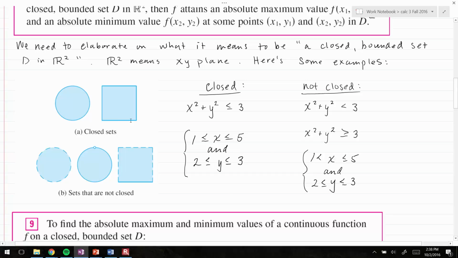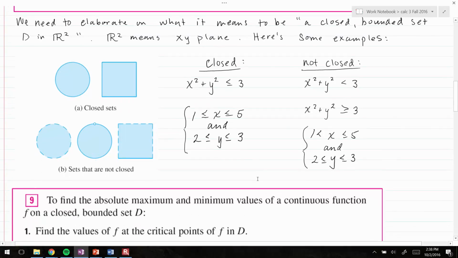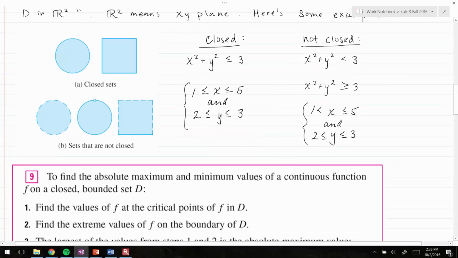Also, when you have a square or a rectangle, often it's presented in this style where you're given both the bounds for the x and y, saying they have to occur at the same time. And if any of those don't have an equal sign underneath the inequality, it's not good enough for it to be a closed set. So for now, you're not going to have to really worry about that. It's just kind of an important point that this is what we're going to be dealing with as closed domains.